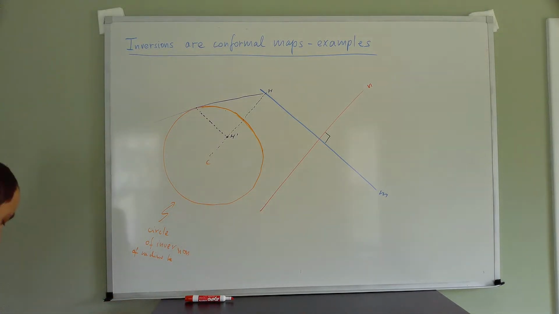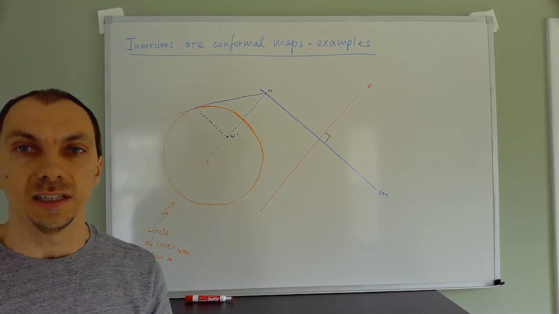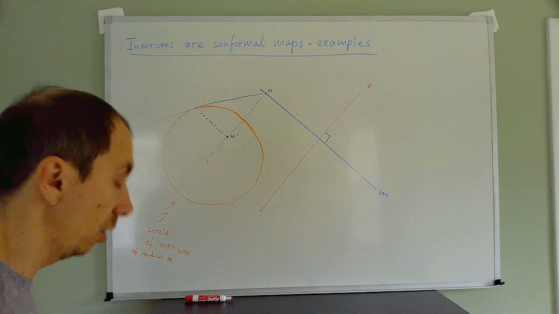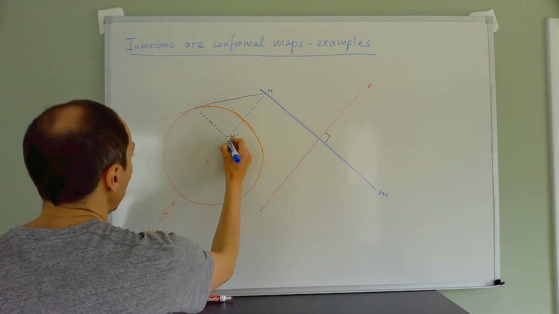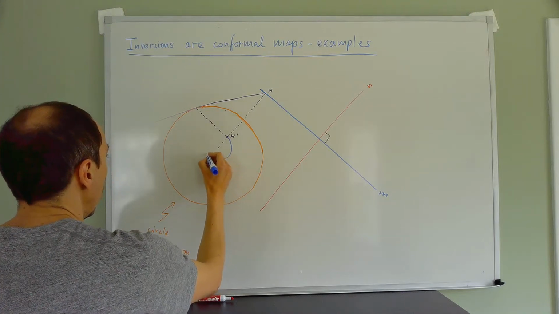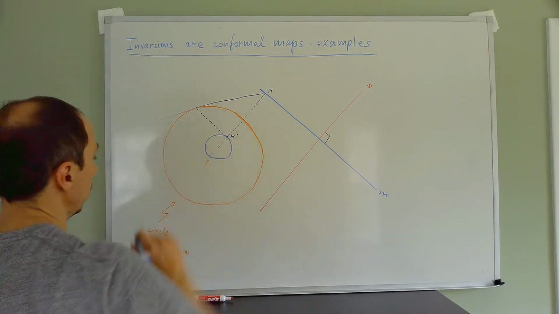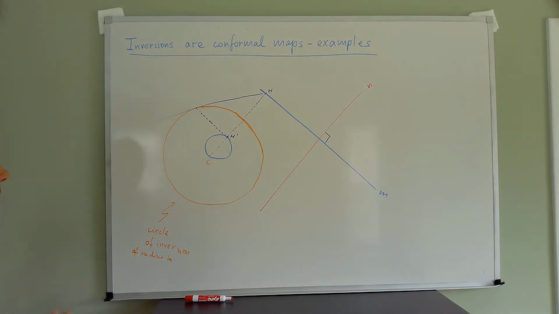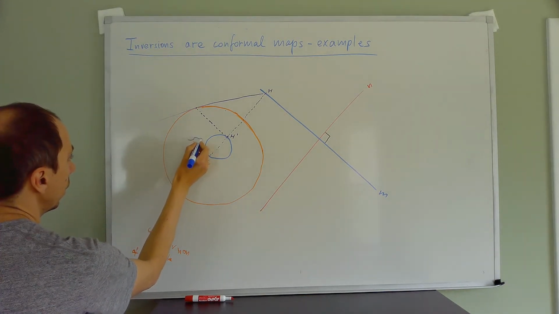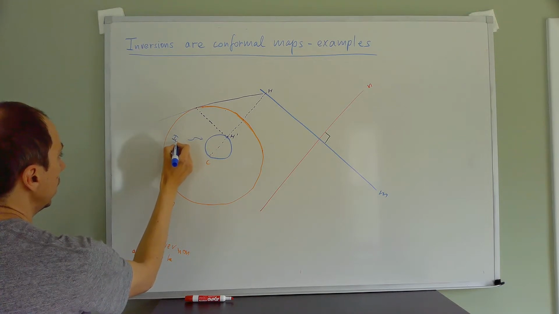Okay, so now CH prime is the diameter of the circle that is the image of the blue line. So in blue, here's a circle. So that is IC of M.